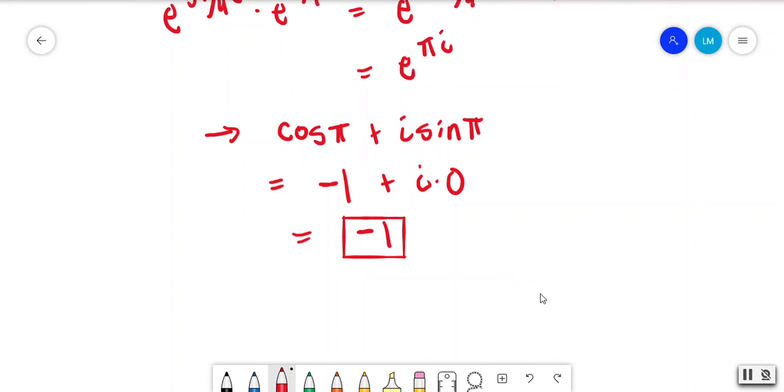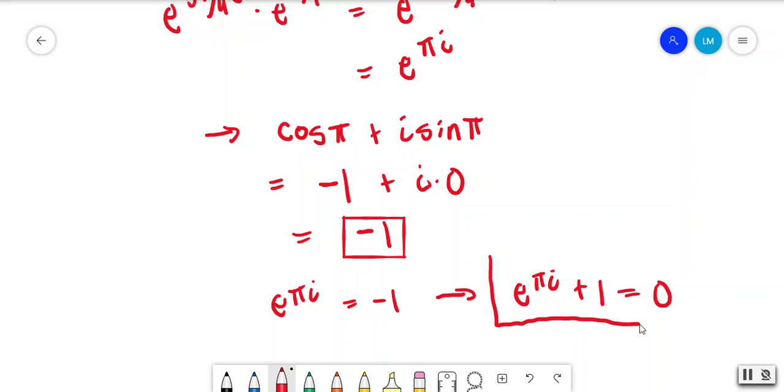That's kind of interesting, because we have that e to the pi i equals negative 1. Notice this: e to the pi i plus 1 is equal to 0. So 0 has a new representation, e to the pi i plus 1 equals 0.